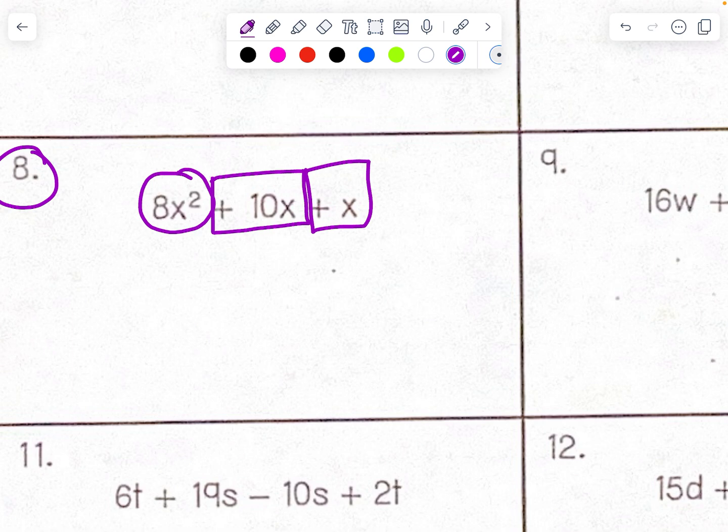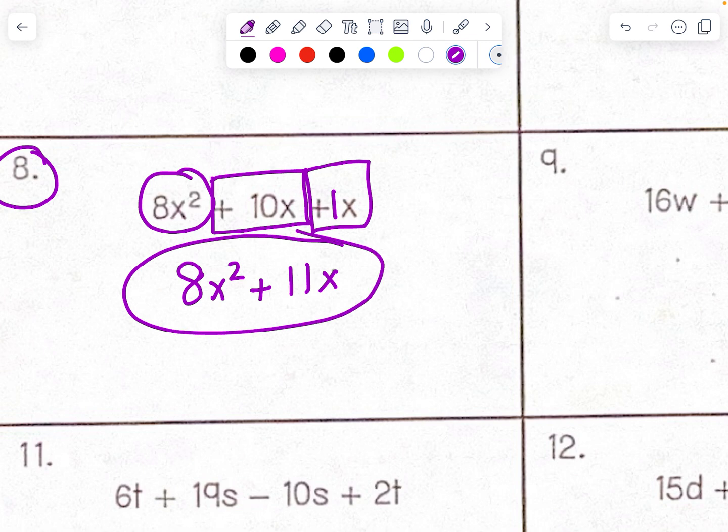I have to recognize that in front of that x is an invisible 1. We just don't write it because anything times 1 is itself. Okay, so then I can simplify it. 8x squared plus 11x. And then we're done. We cannot put these together. If it has an exponent and this one doesn't, they are not like terms.